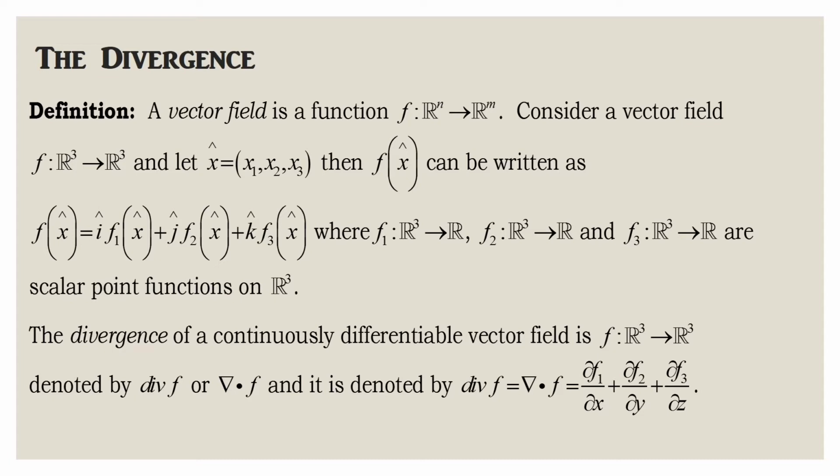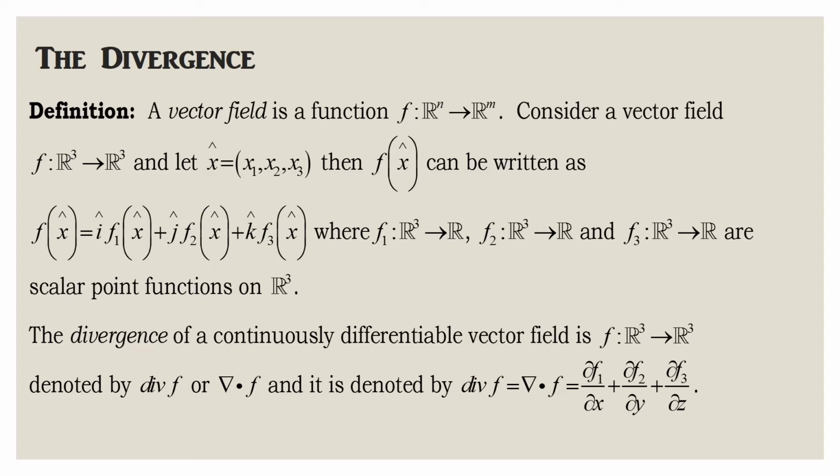Since x cap is a vector in R^3, it can be written as a triplet, x cap equals x1, x2, x3. It can also be written as x1 i cap plus x2 j cap plus x3 k cap.